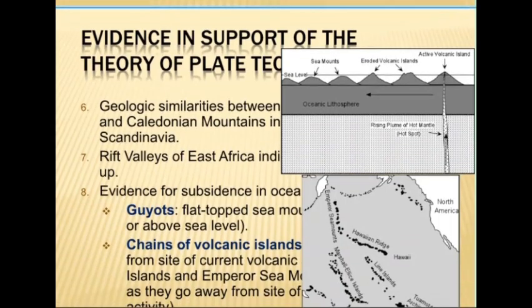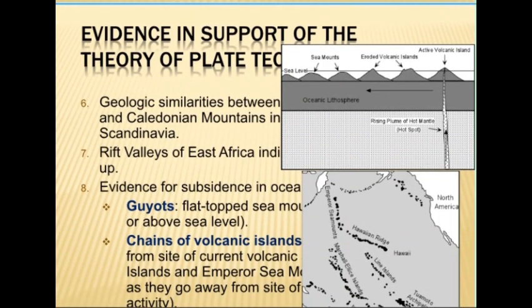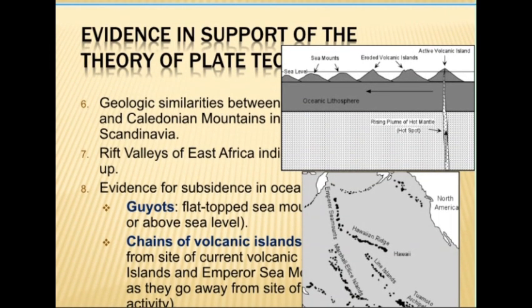Now, what Wilson discovered was that, in fact, they were what we call guyots, and these are flat-topped seamounts. They emanate from this volcanic chain of islands.